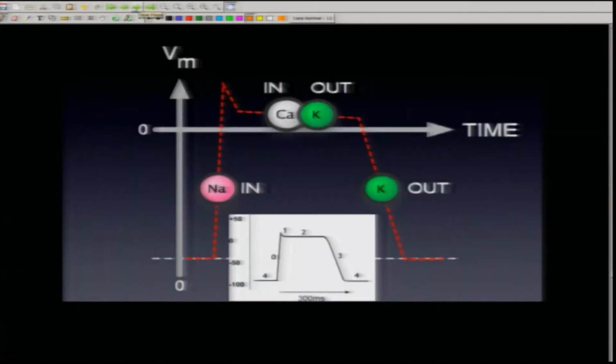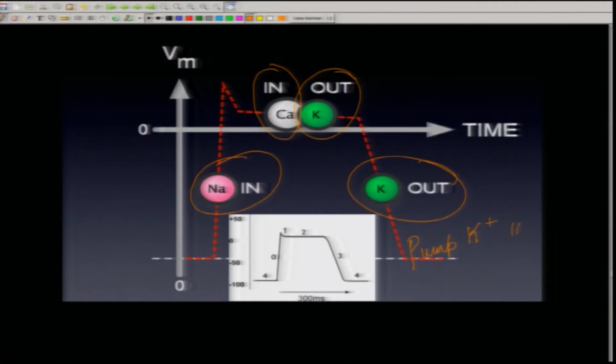Now in further detail: sodium entry, calcium in, potassium out, and then the pumps take the role of ensuring calcium out and sodium out. Sorry, calcium should be out, because calcium out means it is going to the sarcoplasmic reticulum. I told you that in the sarcoplasmic reticulum, the calcium is ejected out and it is being pulled back.